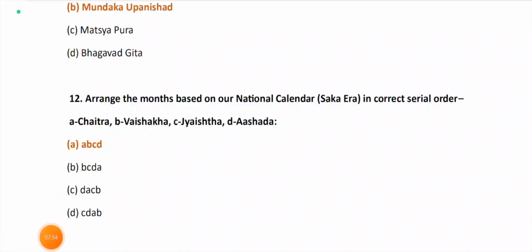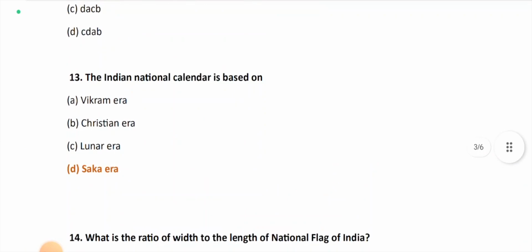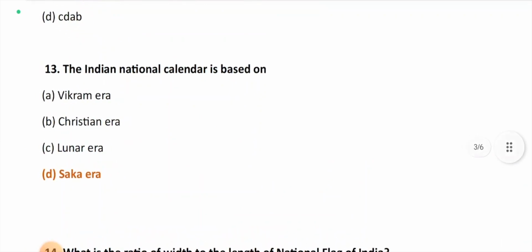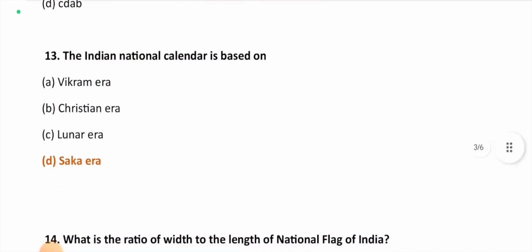So when we arrange the months in order, the order is A, B, C, D: Chaitra, Vaishakha, Jyeshtha and Ashadha. 13th question. The Indian national calendar is based on option D, Saka era.